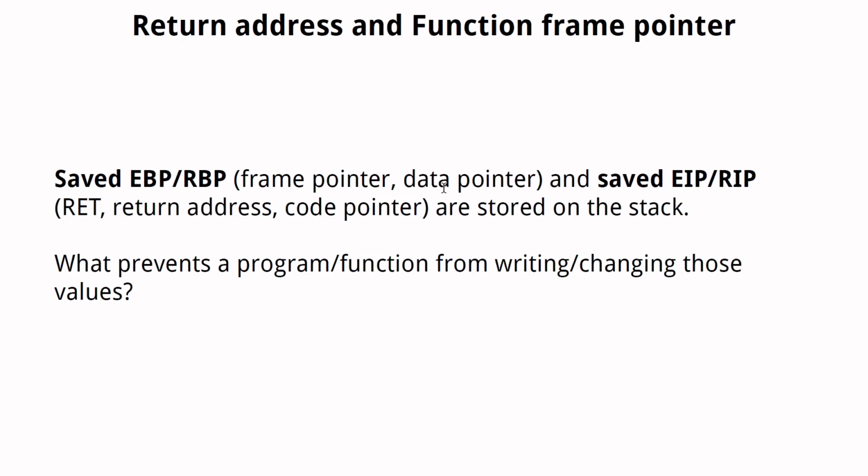Because that address points to some code, we also call that pointer a code pointer. Both of them are stored on the stack, and because they are on the stack, it's very possible that if there's a bug, that information will be overwritten.